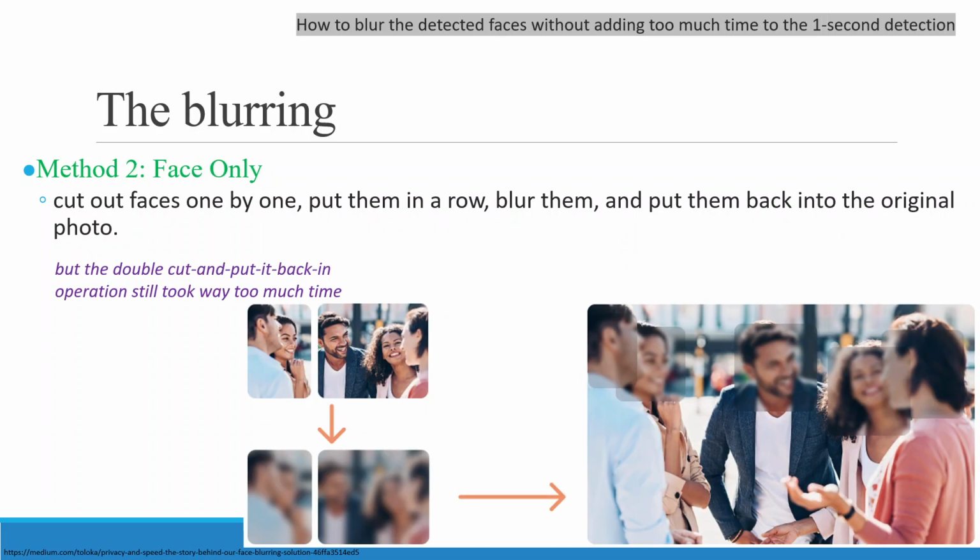And you can try to cut out all the faces, and then put them in one row like this, and you can just do the blurring on the image in this row for all the faces, and then put them back to the original image. So by this method, you can get all the blurred faces at the same time.